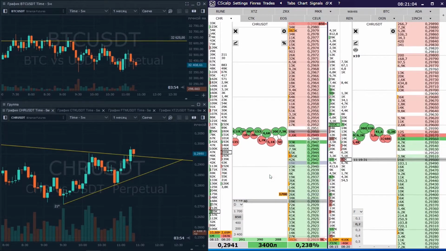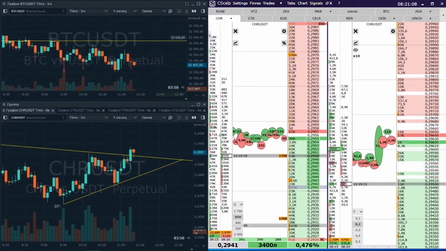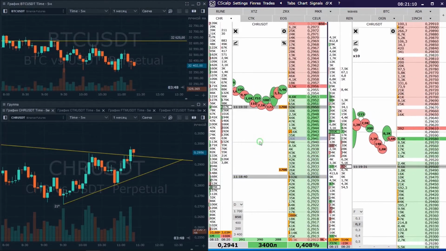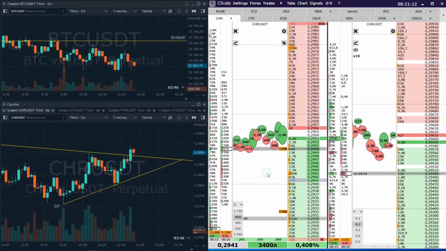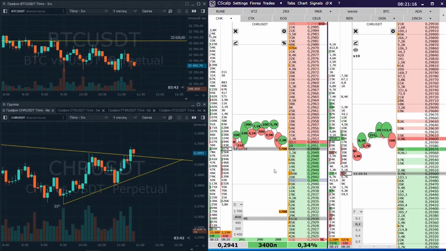Participants are trying to push the price lower again, but buyers are not allowing it. Big market buys on futures started. And look, Bitcoin is falling at the moment and C-char is being held very well in the retest.